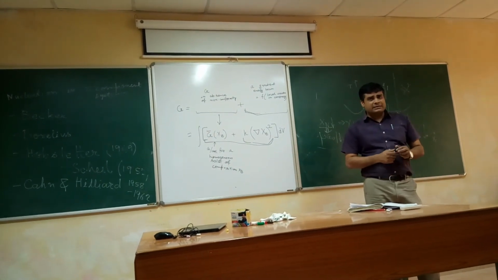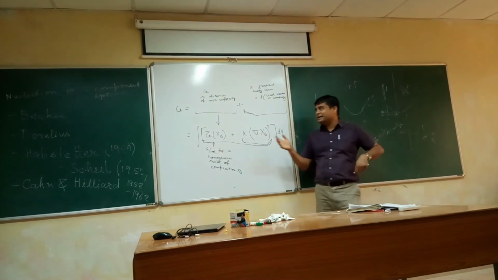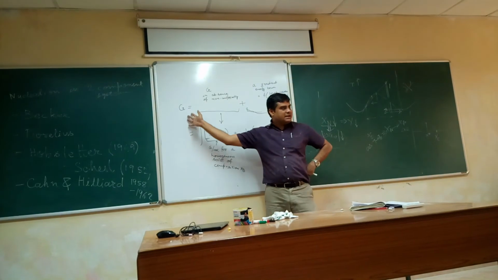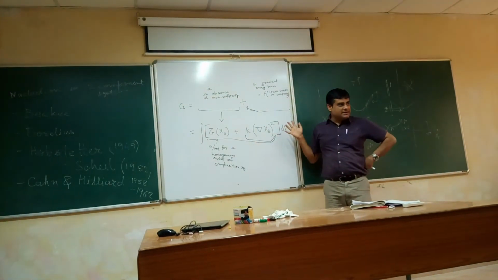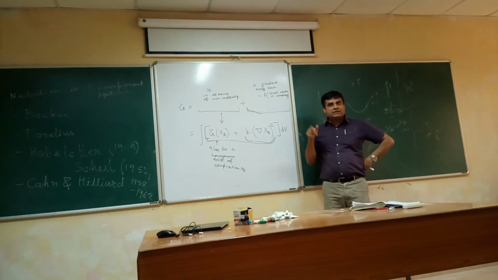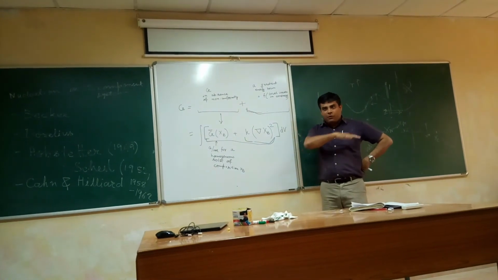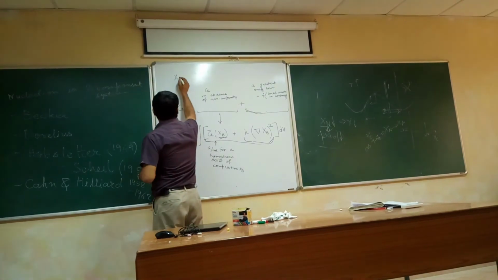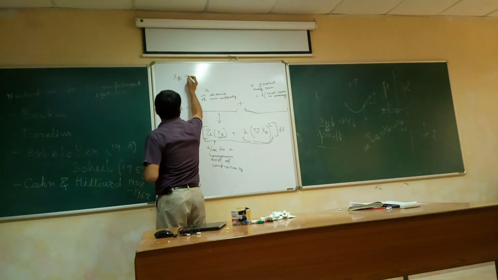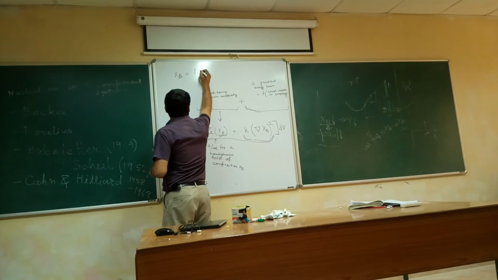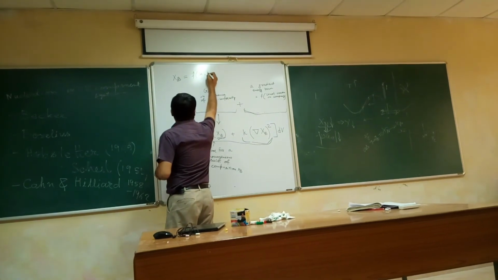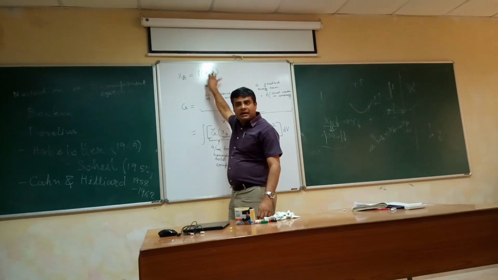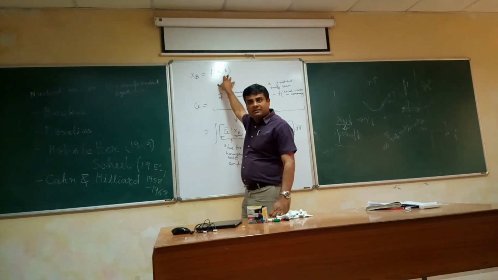So then nucleation is nothing but having this Gibbs free energy as a function of xb. Now xb also is varying over time and over space. That is, composition is varying over time and space, x, y, z in 3 dimensions, in 1 dimension x.